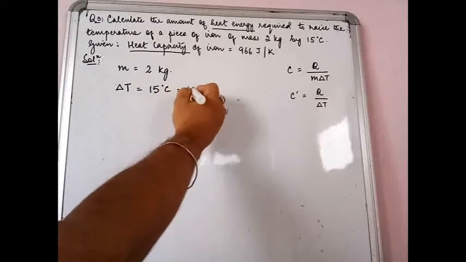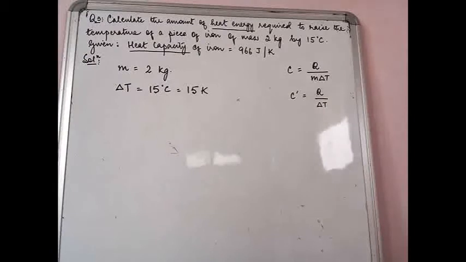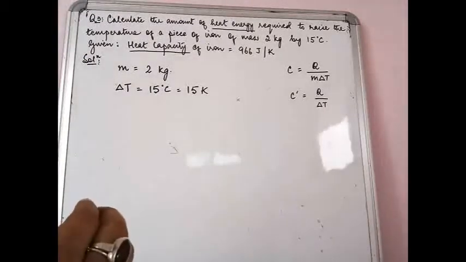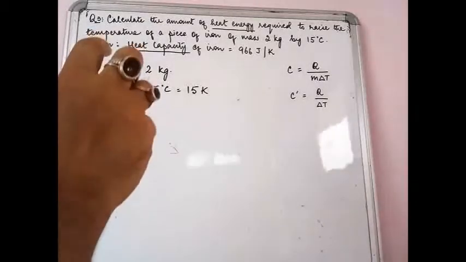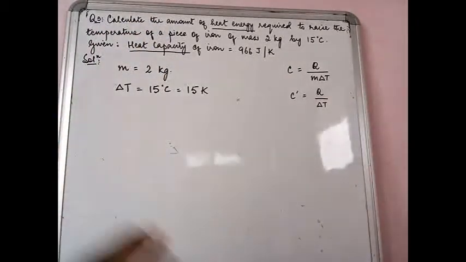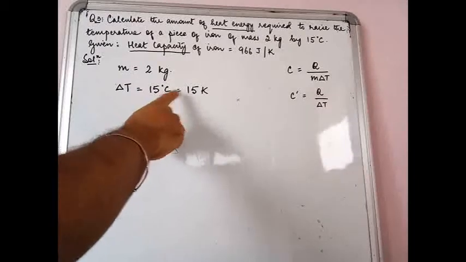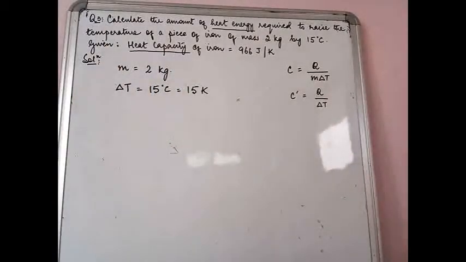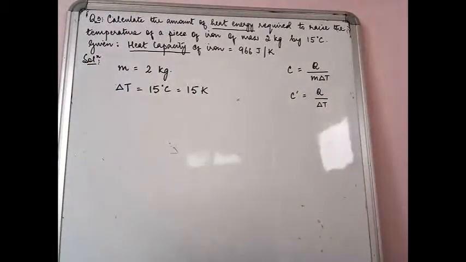Obviously the change in temperature will remain as 15 Kelvin. Remember, the individual temperatures are different in degrees Celsius and in Kelvin, but the change in the temperature, the rise or the fall, is always the same whether you talk about degrees centigrade or Kelvin.